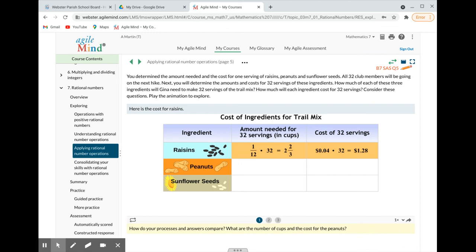All right. And then how much was 1/8 of peanuts? How much did that cost? Anybody remember what 1/8 of peanuts cost? $1.48.